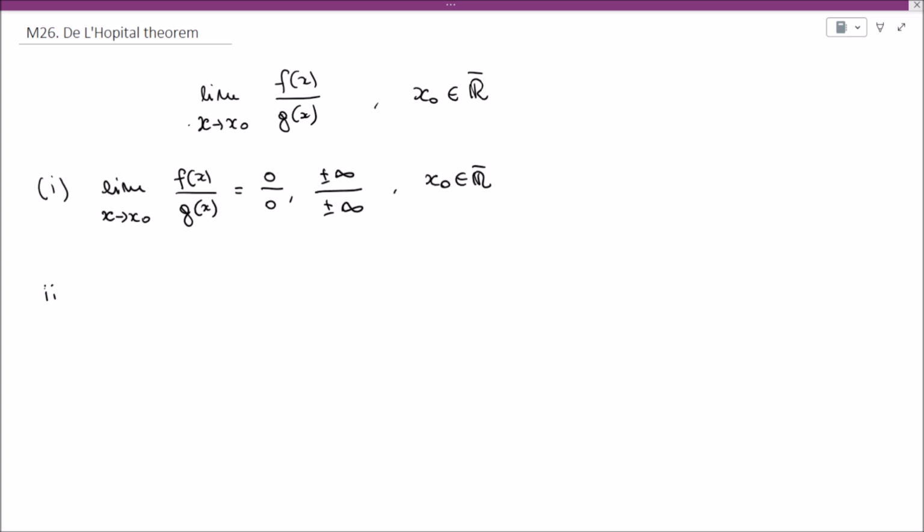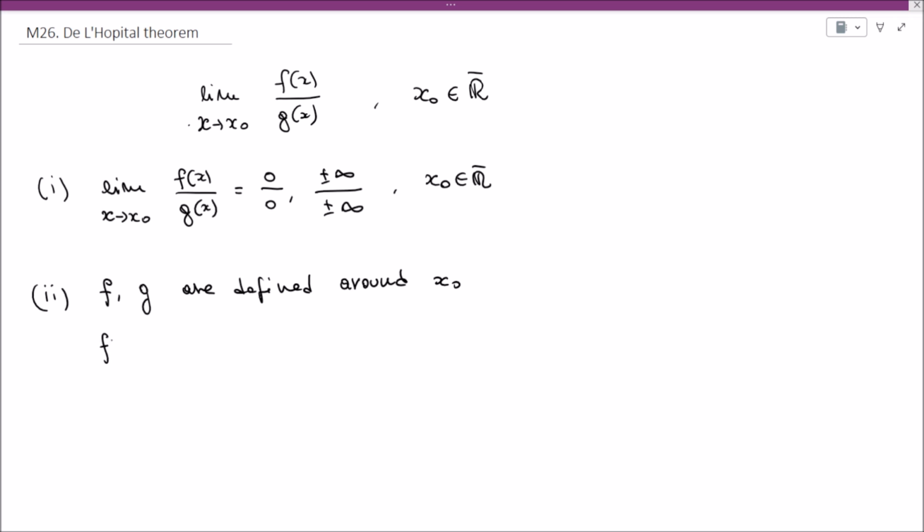Second, we have that f and g are defined around x naught. Okay, so the two functions are defined in a neighborhood of the point x naught, can it be finite or infinite, where we are taking the limit.